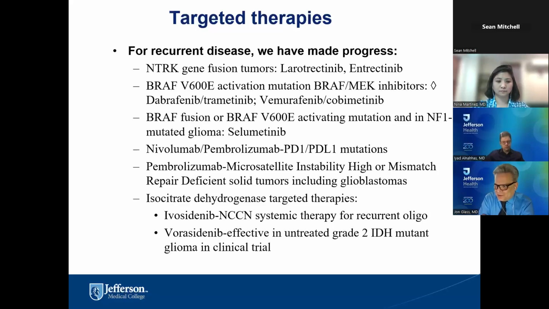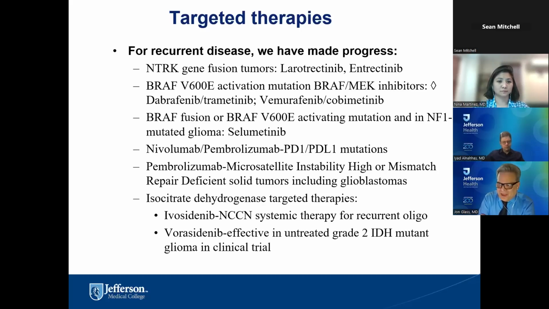We're testing for IDH mutations. For NTRK gene fusion tumors, we have targets for those. BRAF V600E mutations we can treat with a combination of BRAF inhibition and MEK inhibition, so usually a combination of two drugs, like dabrafenib and trametinib.